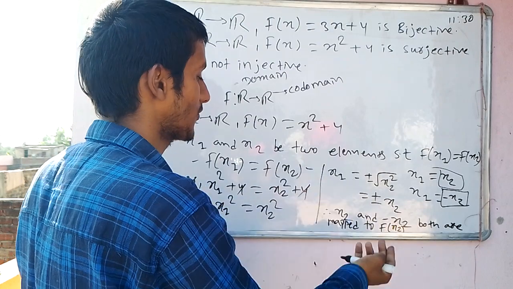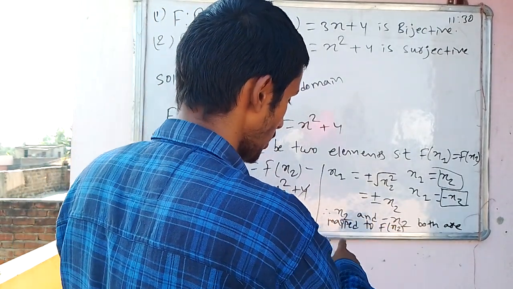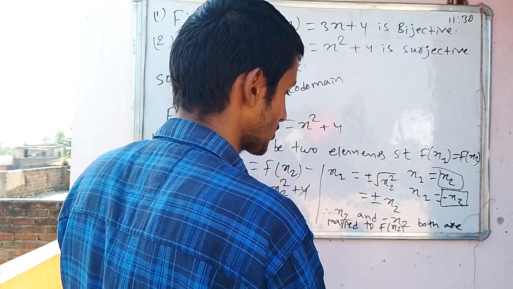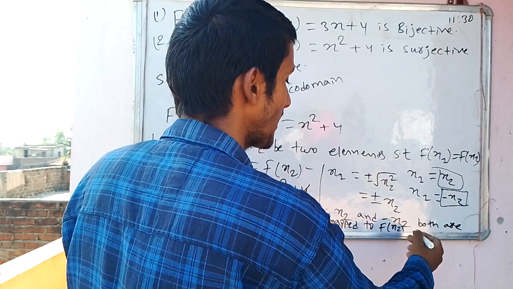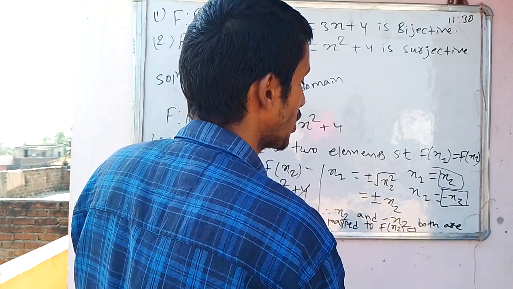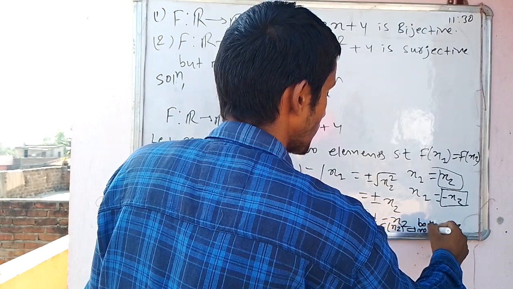Because f of x1 and f of x2 are the same thing, you can write f of x2. So x2 and minus x2 both are mapped to f of x2, which implies that this is not injective.